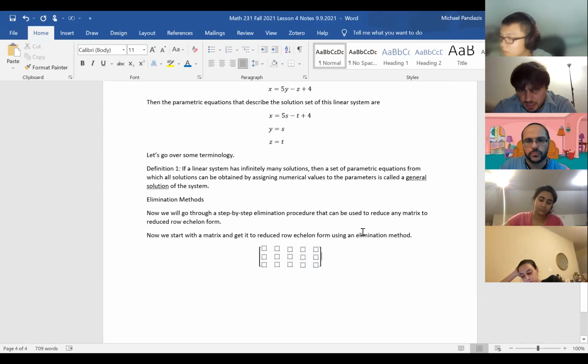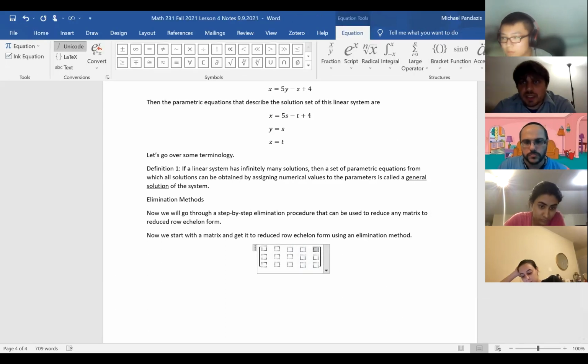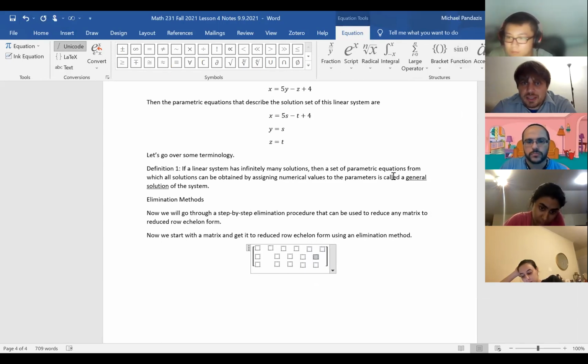It's a 3x5 matrix. Oh, I want 3x6. Okay, 3x6. Now I'm just going to plug in the entries.